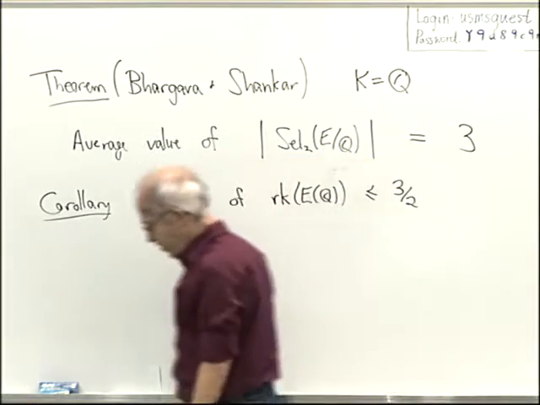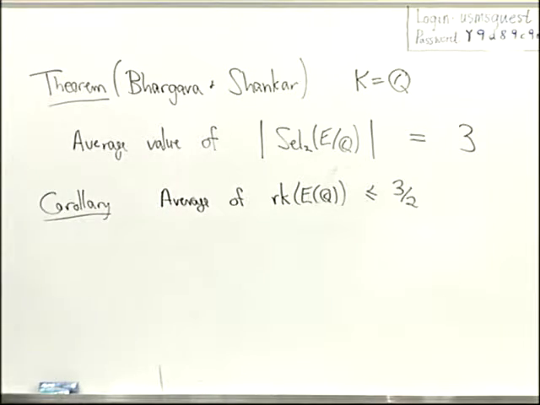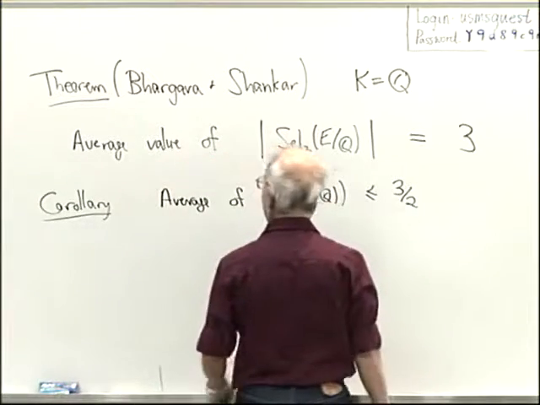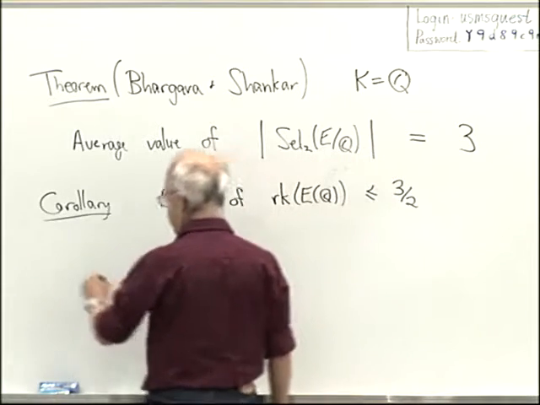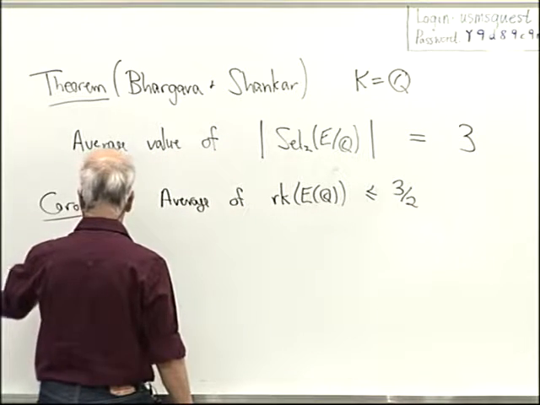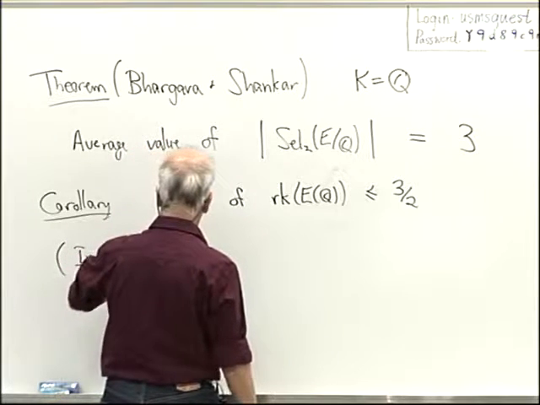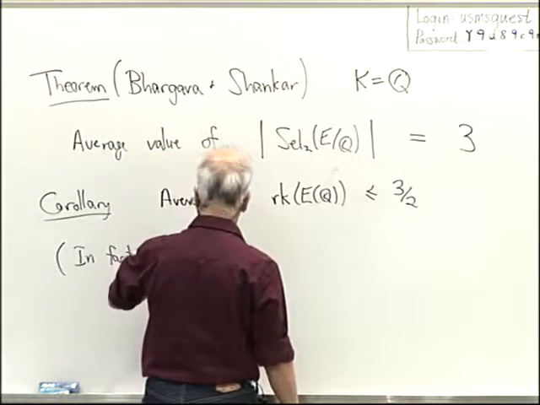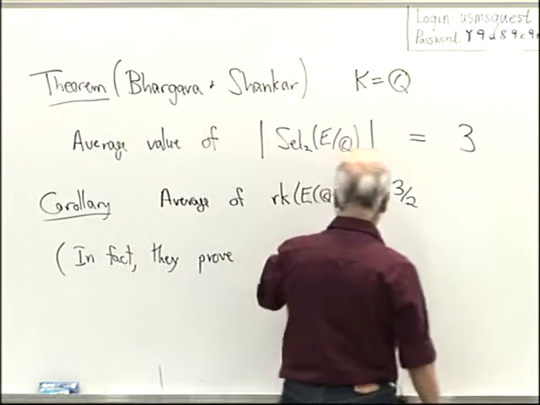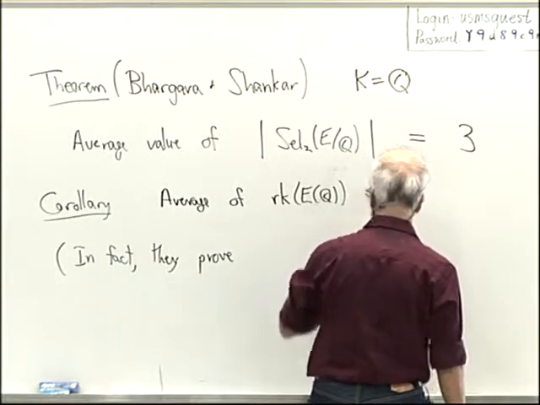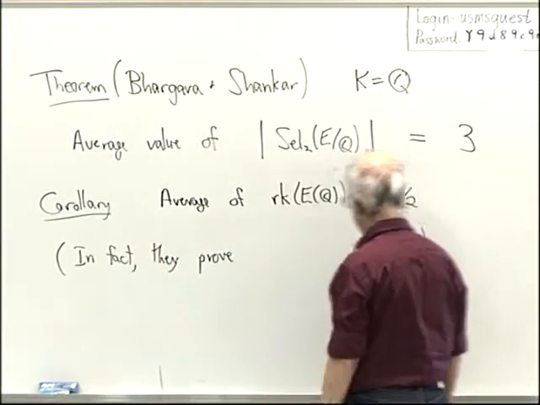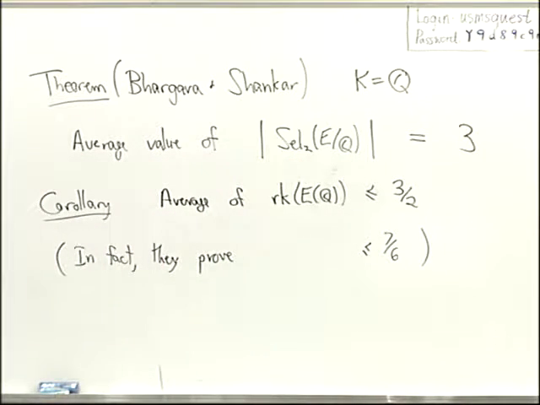And in fact, they have some stronger results using the 3-Selmer group instead of the 2-Selmer group. I think they now prove that this average is less than or equal to 7/6 or something like that. Which is not 1/2, but it's certainly progress.